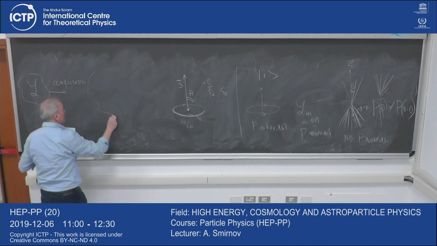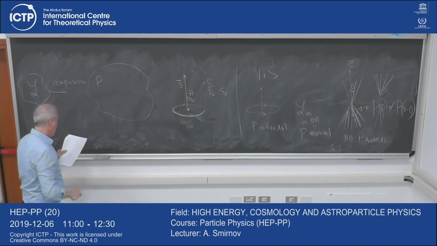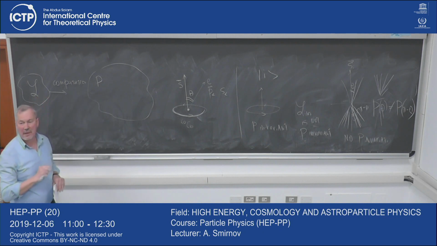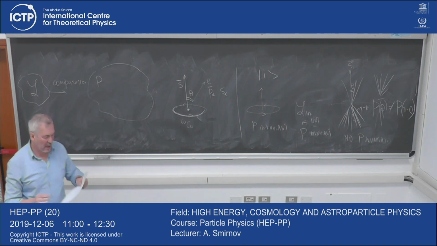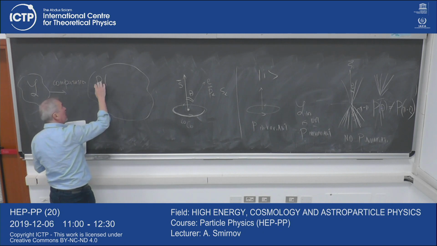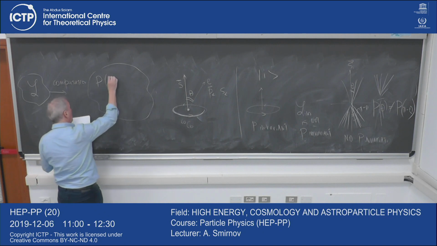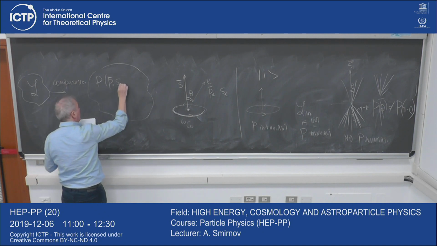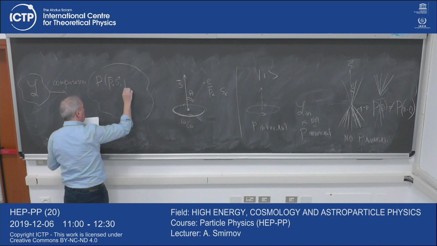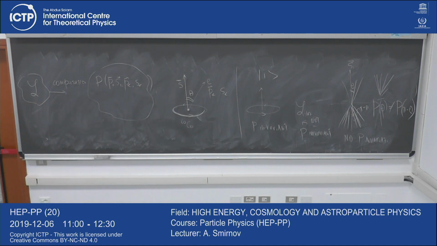And what you find eventually is the decay rate, or the probability of the decay, as a function of kinematical variables. I have already explained this once before. So in this situation, you will get the probability as a function of the momentum of the nuclei, the spin of the nuclei, in general the momentum of the electron, the spin of the electron, and in general it also depends on parameters of the neutrinos.